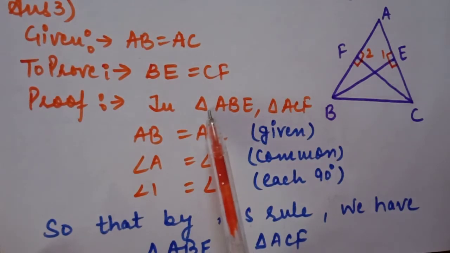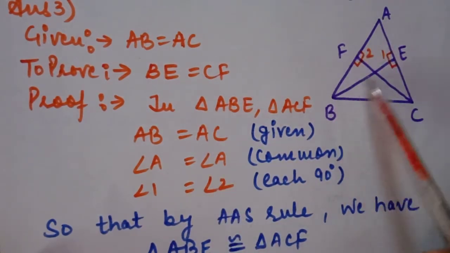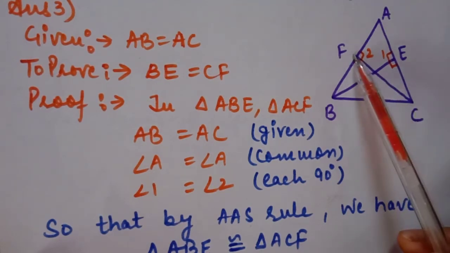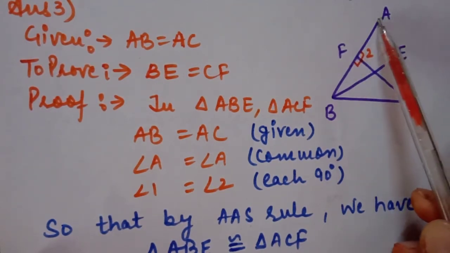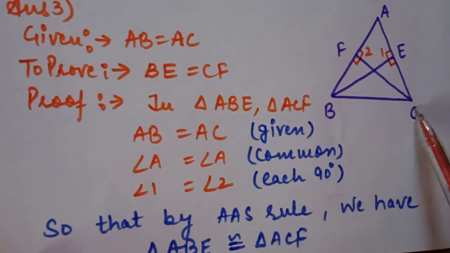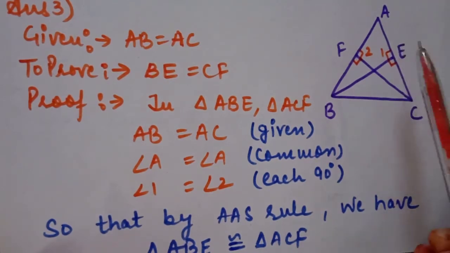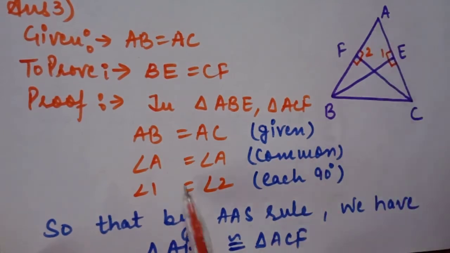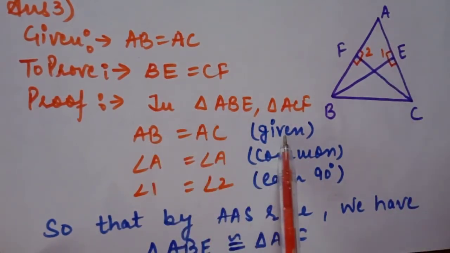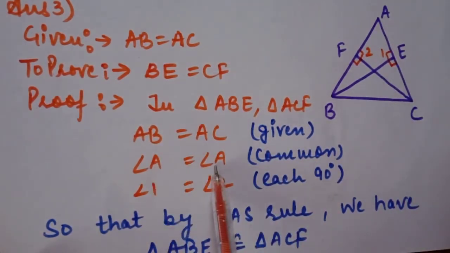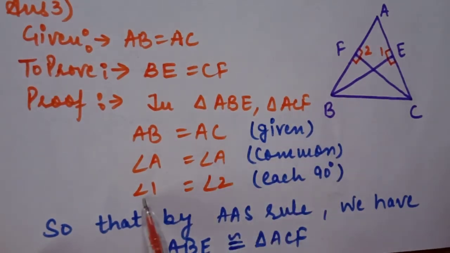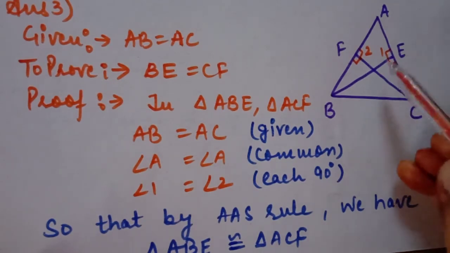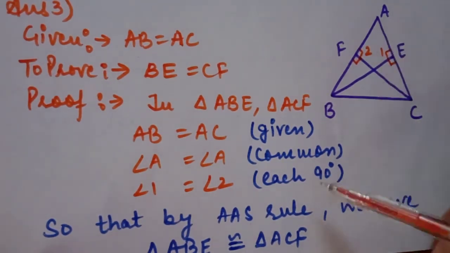Now we will take two triangles, triangle ABE and triangle ACF, for the congruency. First of all, AB and AC are equal to each other, given. Second, angle A is equal to angle A, common. Angle 1 and angle 2 are equal to each other, 90 degrees. Sometimes students get confused in this step.